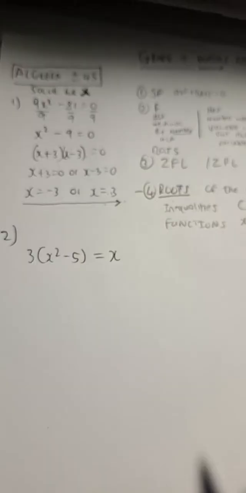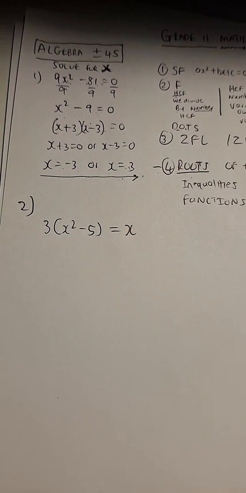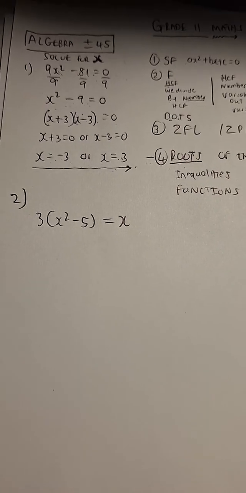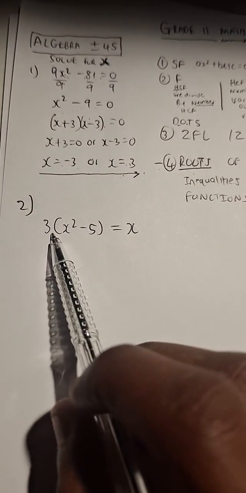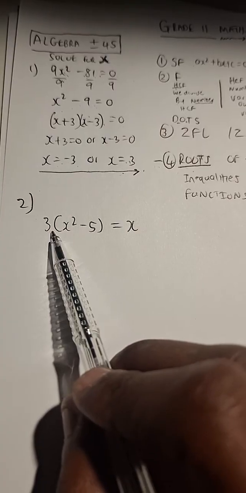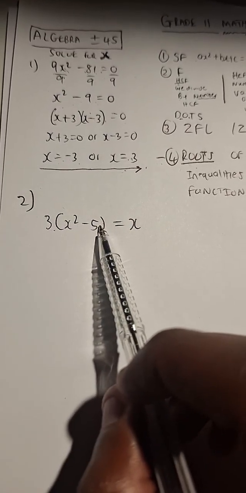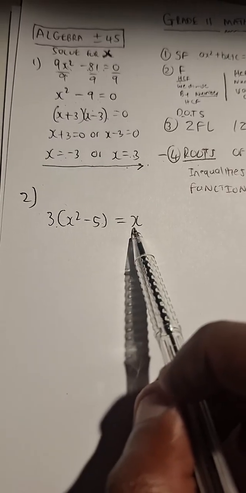Now the next question: 3 into x squared minus 5 is equal to x. Here we have a number that is multiplied into x squared minus 5, which is equal to x.